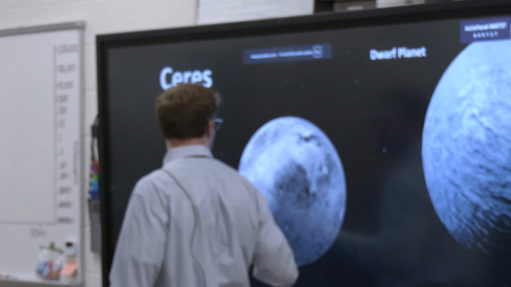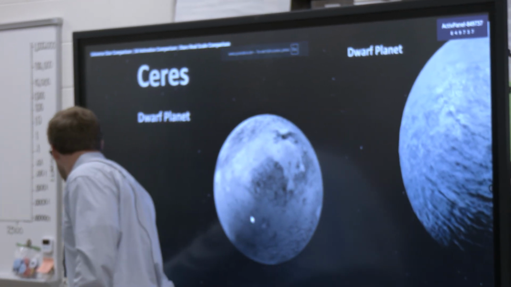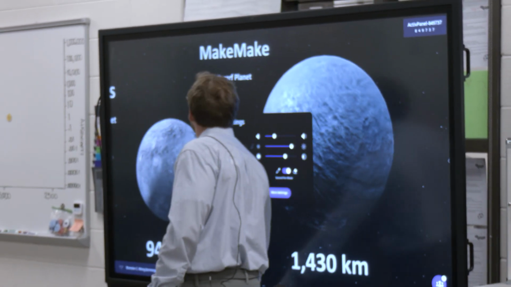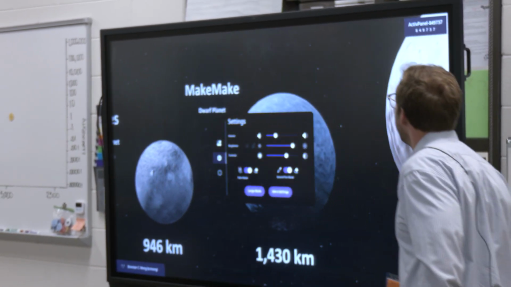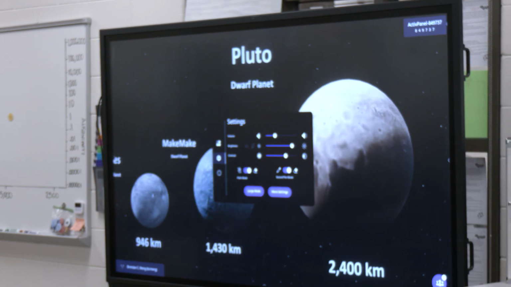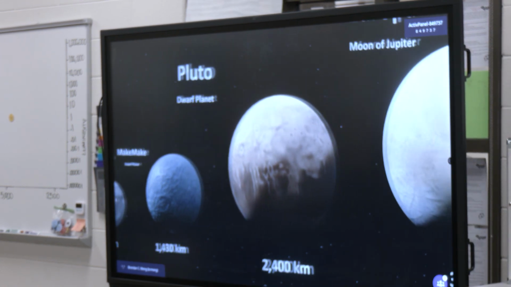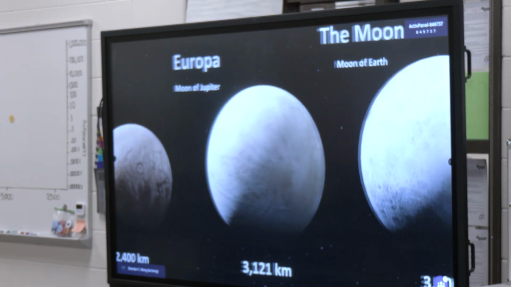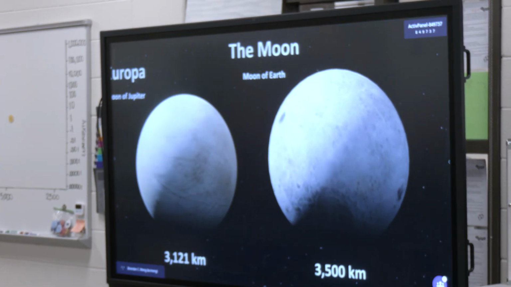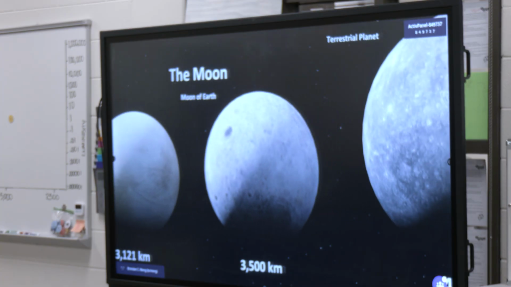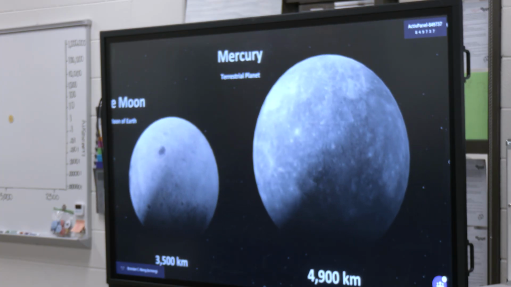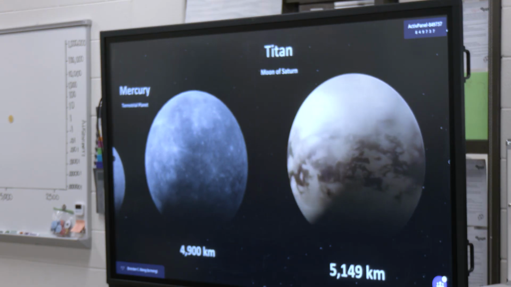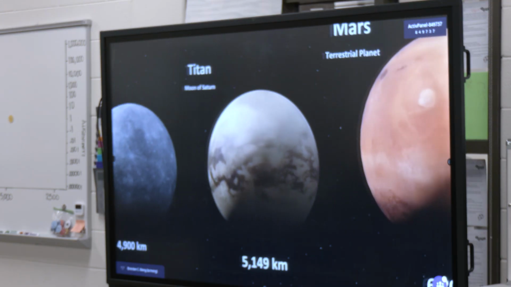All right, so there's Pluto. There's Pluto. There's the moon. There's Mercury. Titan, yes.